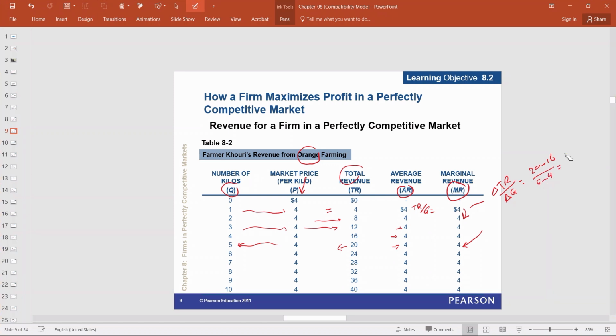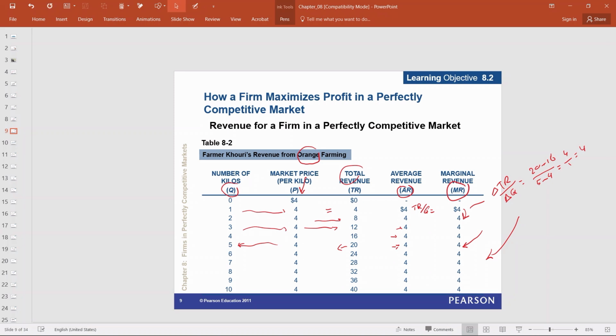And this will yield 4 over 1 equals 4. So you will always get 4 because this firm faces one price and he's a price taker.